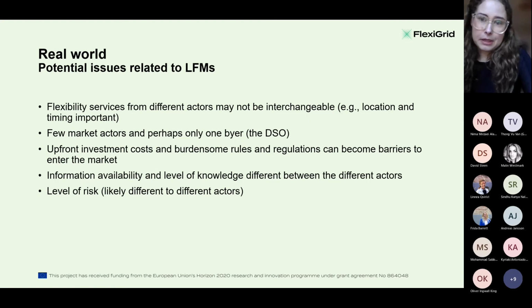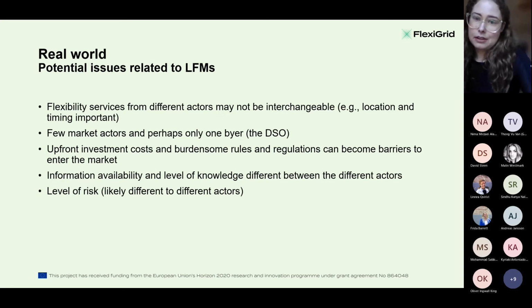Second, there might be few actors, and in some cases only one buyer, the DSO. This might be a problem for market liquidity, and that means that when we don't have sufficient market liquidity, it can be difficult for a buyer to find a seller or a seller to find a buyer. Thirdly, there are upfront investment costs and some burdensome rules that you have to understand, which can create barriers to entry.